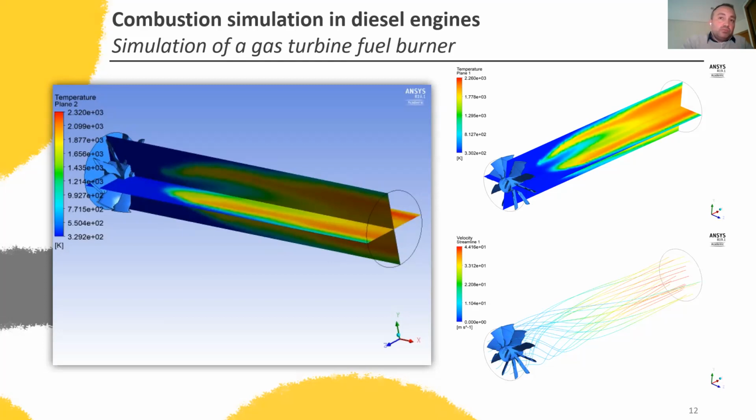We are doing, for example, this kind of study for maritime ships because they are planning to use ammonia in their engines. So this is a very real thing that we will see in the next years in the industry.